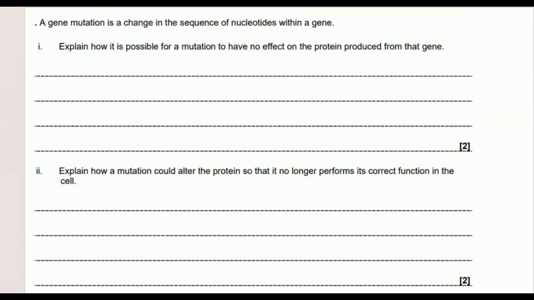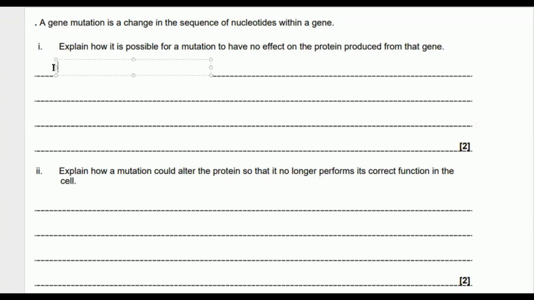Here we go. We've got a couple of written questions to finish up. A gene mutation is a change in the sequence of nucleotides within a gene. Explain how it's possible for a mutation to have no effect on the protein produced from that gene. Well, what did we just talk about earlier? If one of your bases has changed, does that definitely mean you get a new amino acid?